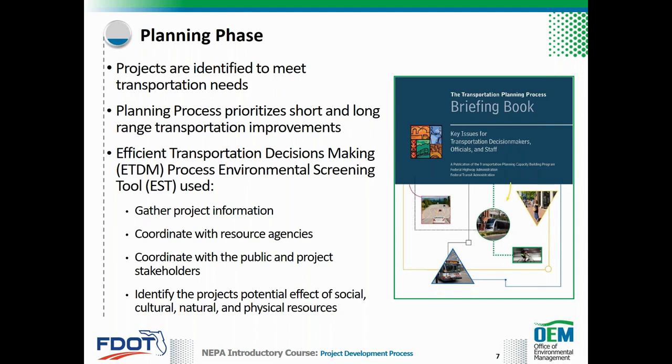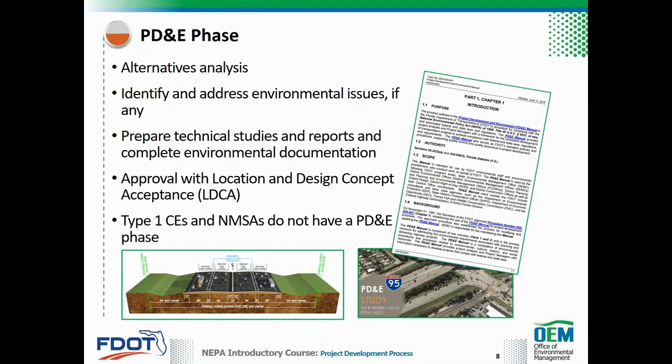During the PD&E phase, FDOT performs alternative analysis, conducts environmental studies, prepares various technical studies, and completes the environmental document, which is necessary to obtain the project's location and design concept acceptance, or LDCA.